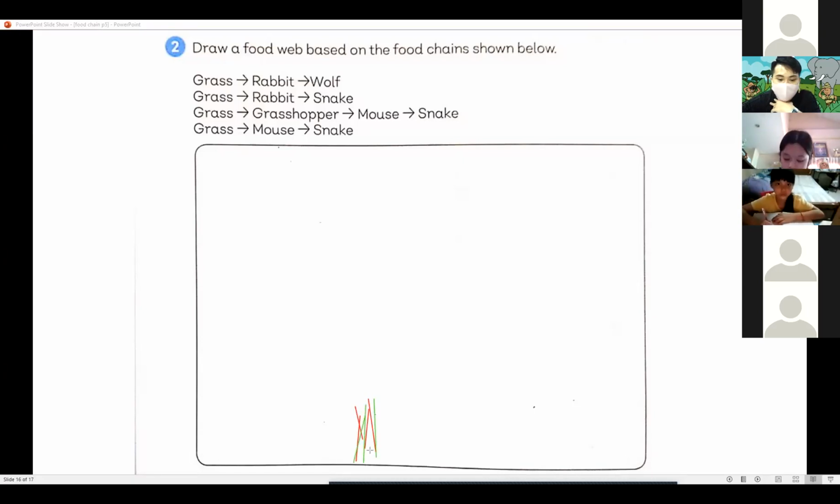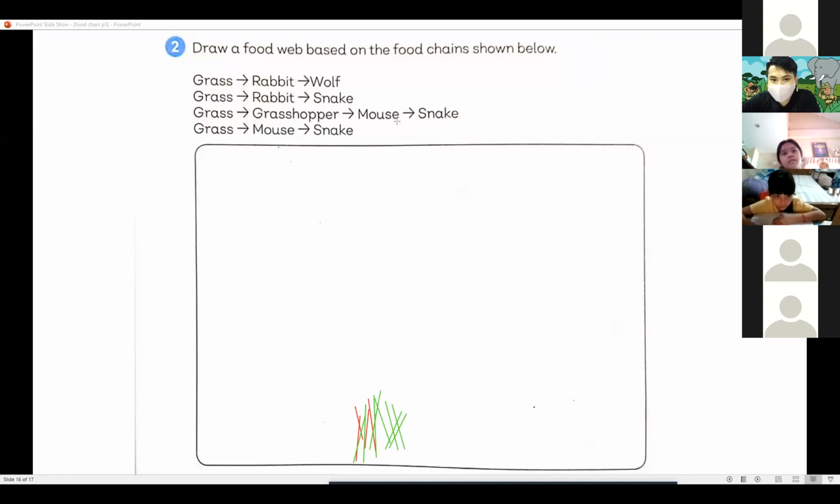Draw the grass, and then after that you have to draw the rabbit here. Draw rabbit and then draw wolf. Next one, grass, rabbit, and then snake. And then grass, grasshopper, mouse, snake. But you have to draw one snake only.